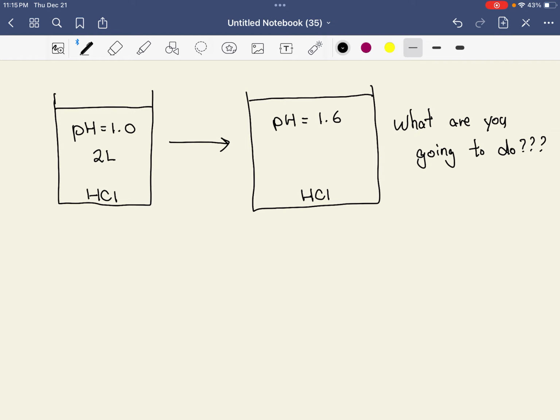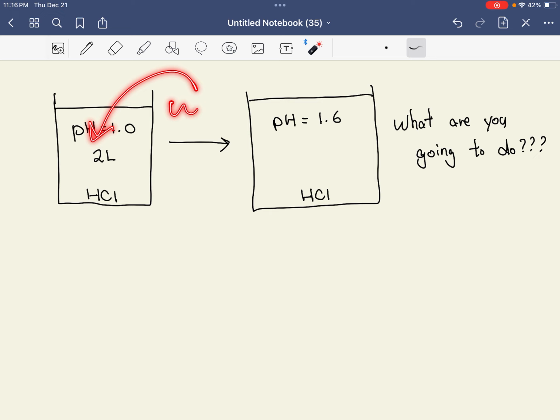Well, if you look at this question, you should ask yourself a couple of things. This is an acid, right? pH went up. So that means this is getting less acidic. How do you make something less acidic? Well, we've seen an example up above.